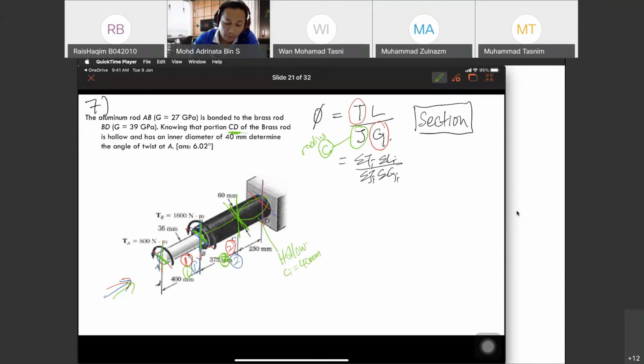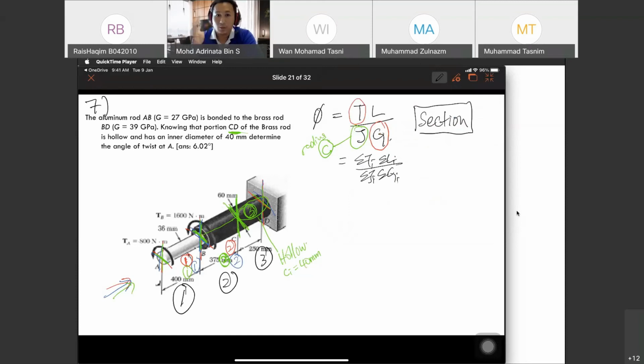Sebab ada perubahan selepas tu, dan di sini kita namakan dia section 3. Okay, so we have 3 section. Section 1, semua sekali, section 2 and section 3. So angle of twist must be the summation of section 1 AB, section 2 BC and section 3 CD.